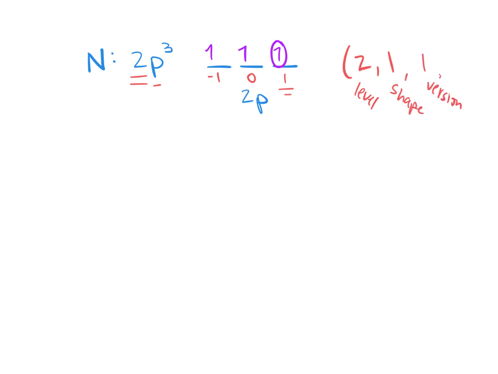And then our last part, it's just +1/2 or -1/2. So what's it going to be here? +1/2. And that's it. That's our address. This gives us the address for the 7th electron in nitrogen, the last one to go in. Does that feel a little bit better once we have all 4 parts at once? Yeah. Okay. We ready to try another one?